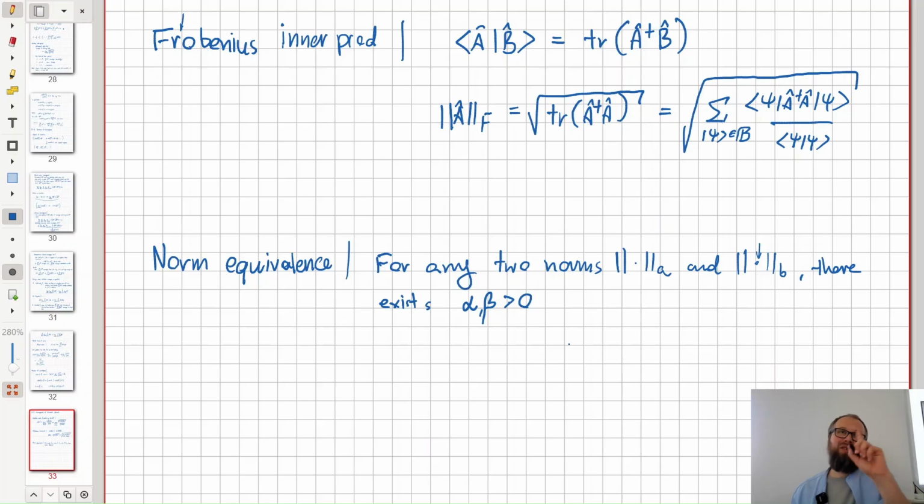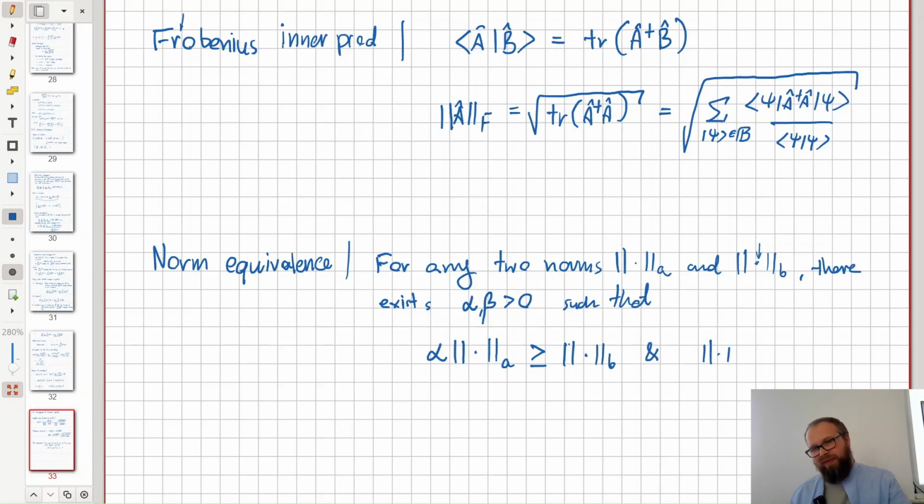This is the definition of equivalence, okay? Such that when I multiply alpha by A, I will get something that's no less than B, and the other way around, with beta. I wrote it like that because this is a uniform constant. For all vectors, for all things we are measuring, it works.